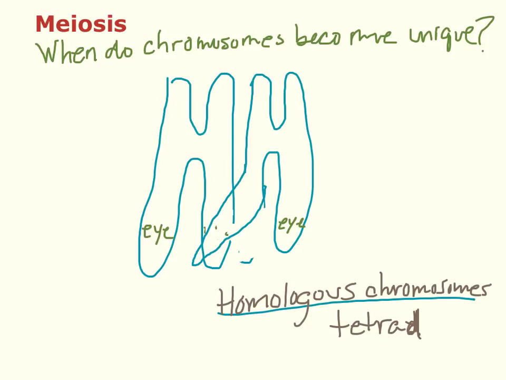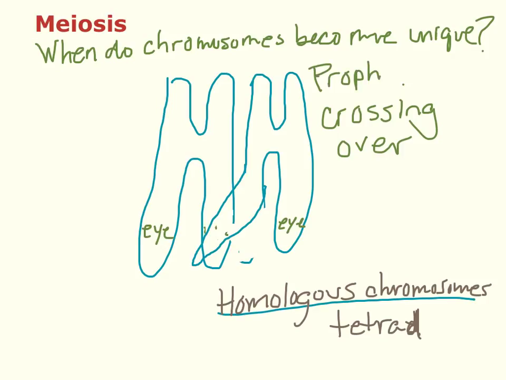So they're going to cross over, literally crossing over in location and exchanging genes. Crossing over, and that's happening in prophase 1. So that's happening right away.